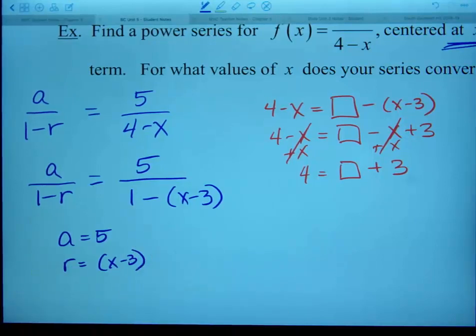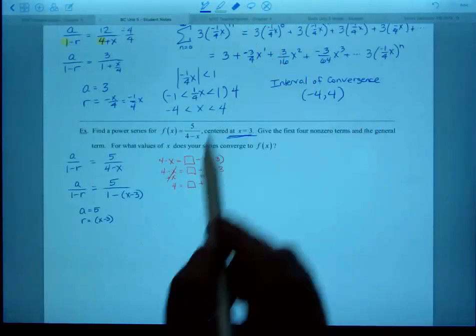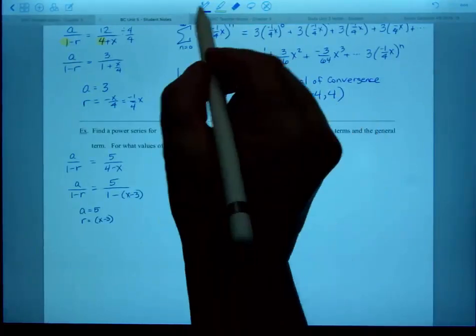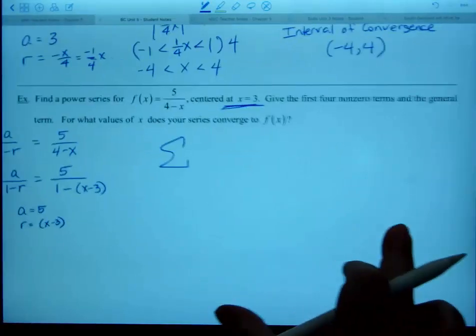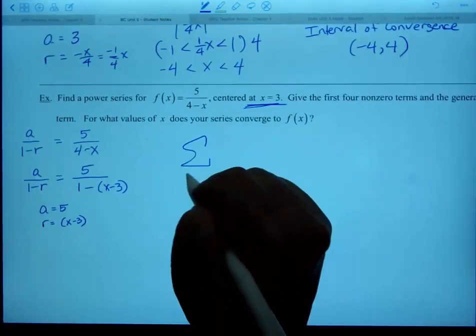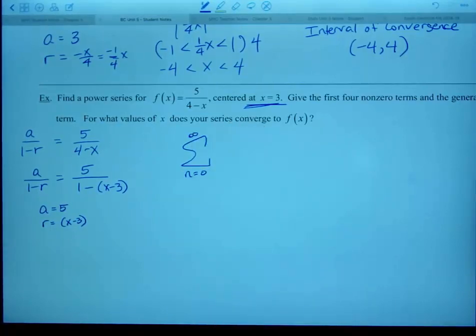Okay, so now you finish it. Write the series. Write out the first 4 terms, clean it up. Find the interval of convergence.